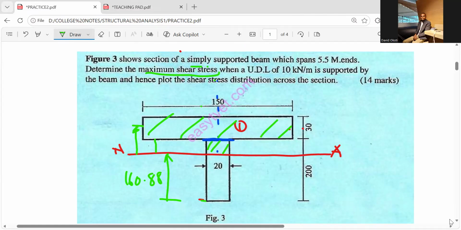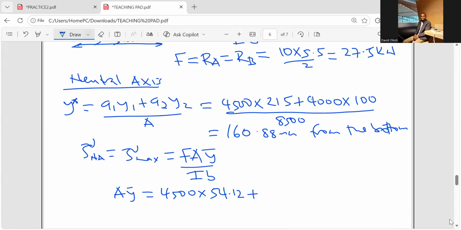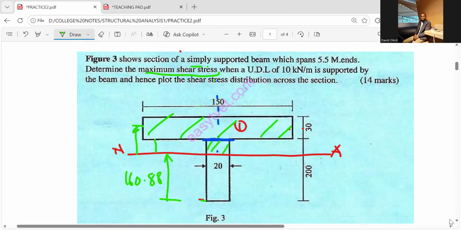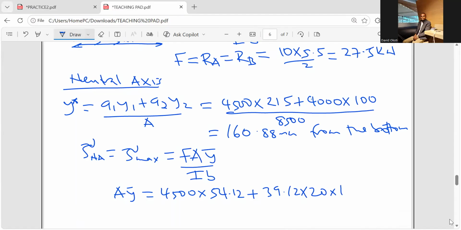I multiply by 20. That will be the area of web above the neutral axis. Its y bar is basically 200 minus 160.88, divided by 2, because we are measuring to the center of that area of web above the neutral axis.